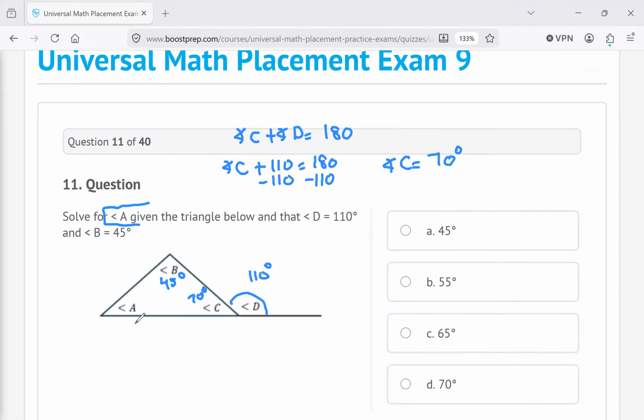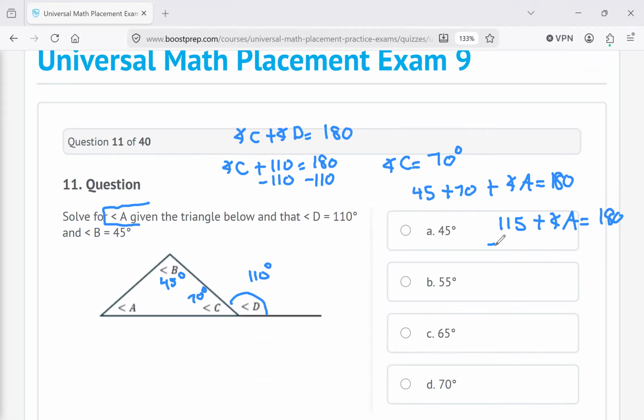What is angle A? Now you can find angle A because you know that the sum of a triangle, no matter what triangle it is, is always going to be 180, right? So 45 plus 70 plus angle A is 180. 45 plus 70 is 115, plus angle A is 180.